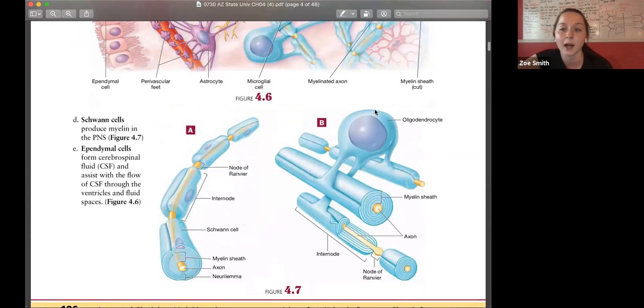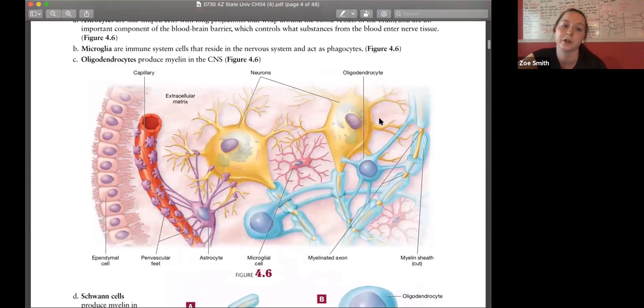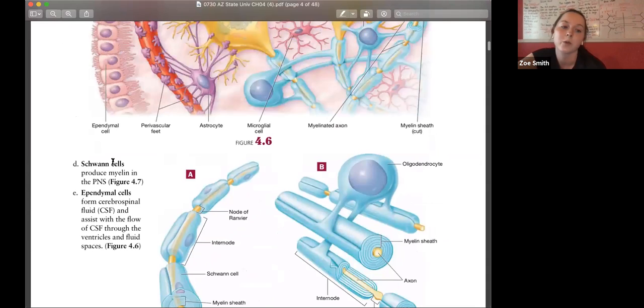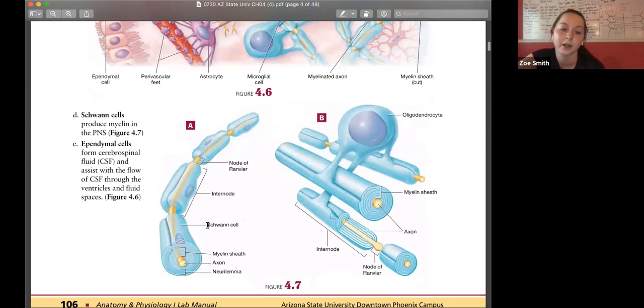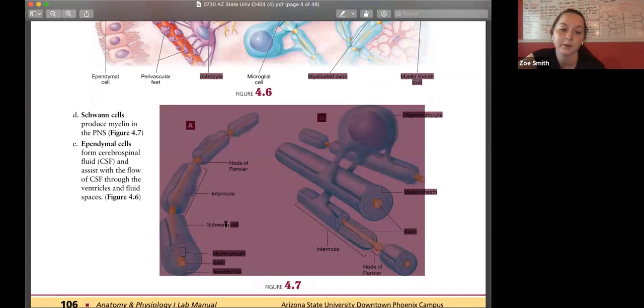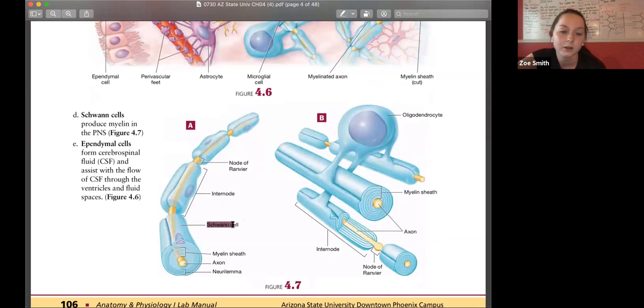Again, they produce myelin in the central nervous system. Whereas Schwann cells, right here, produce myelin in the peripheral nervous system, in the PNS. Just the Schwann cell.